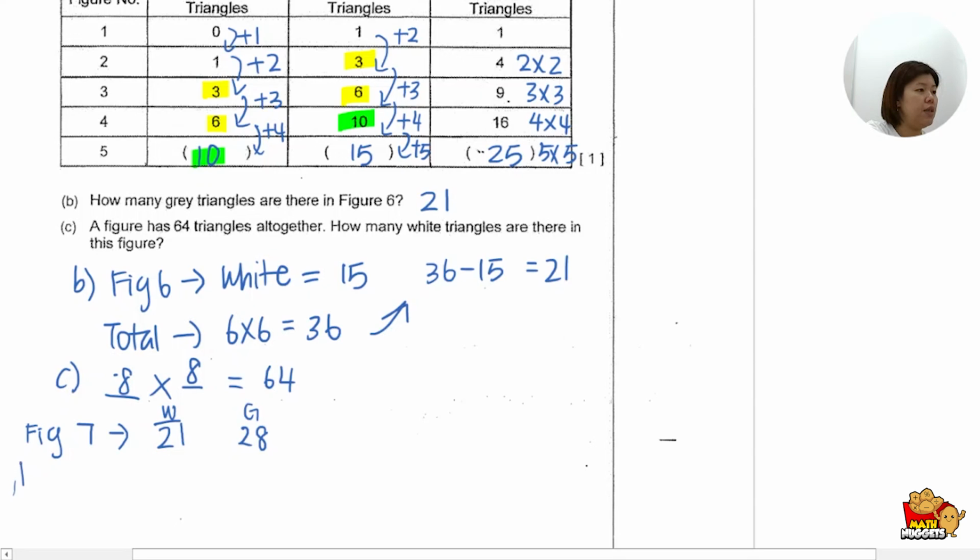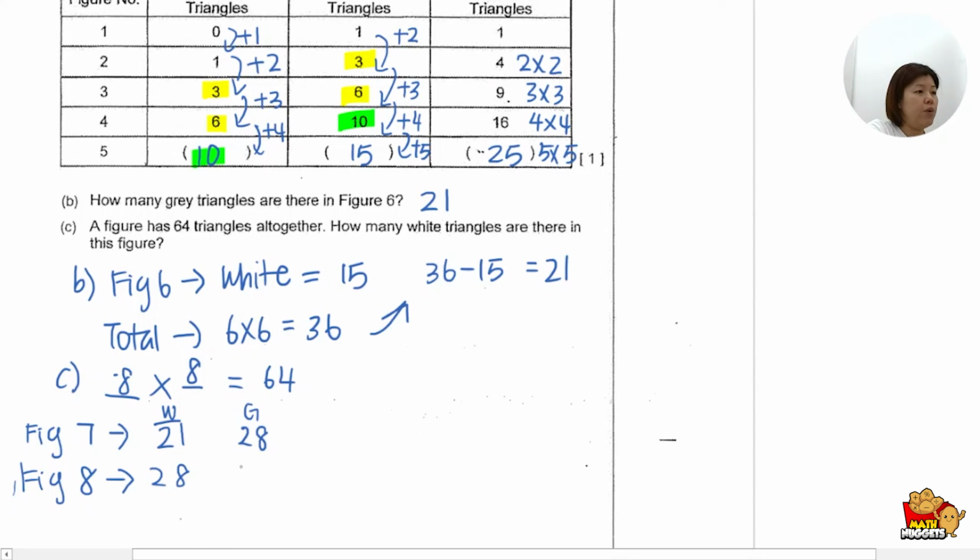And figure 8, sorry, for white will be 28 because it's the previous gray one.